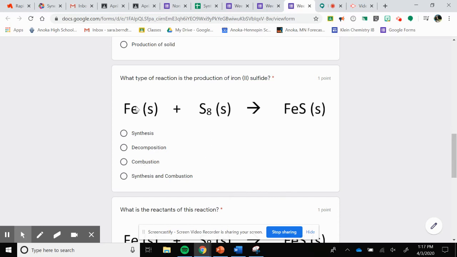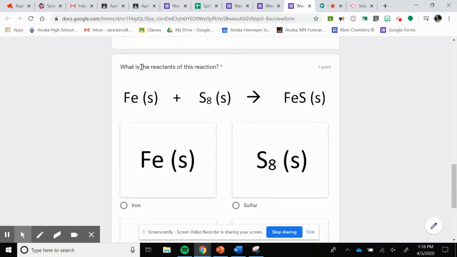Looking at our reactants, neither of them is O2, meaning that this is not combustion. And that will eliminate our last option, synthesis and combustion, because we decided it is not combustion. So I'm going to pick synthesis because it has two reactants forming one product.